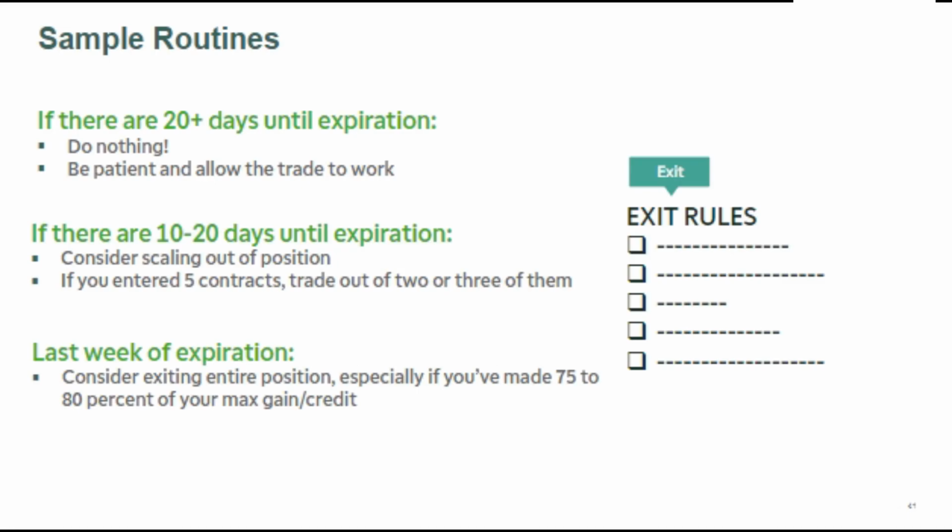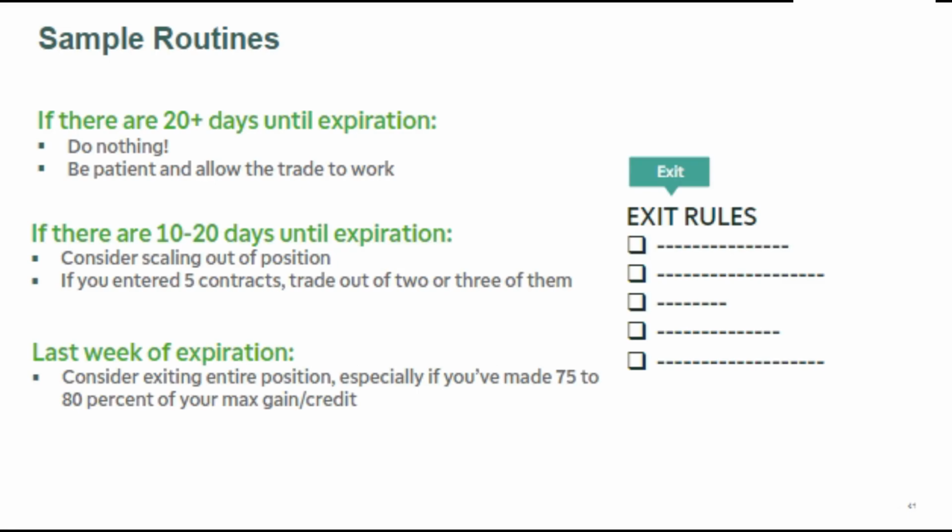Let the trade work. The worst thing that you can do, I think, is get into a trade, be comfortable with the risk, and then it goes against you right away. And so you trade out of it at a loss, but then 20 days later, by expiration, the stock comes back and it's within your profitability range. If you had stayed patient and just stayed in the trade, you would have realized that max profit. Instead, you traded out at a loss. So with that much time left, don't do anything.